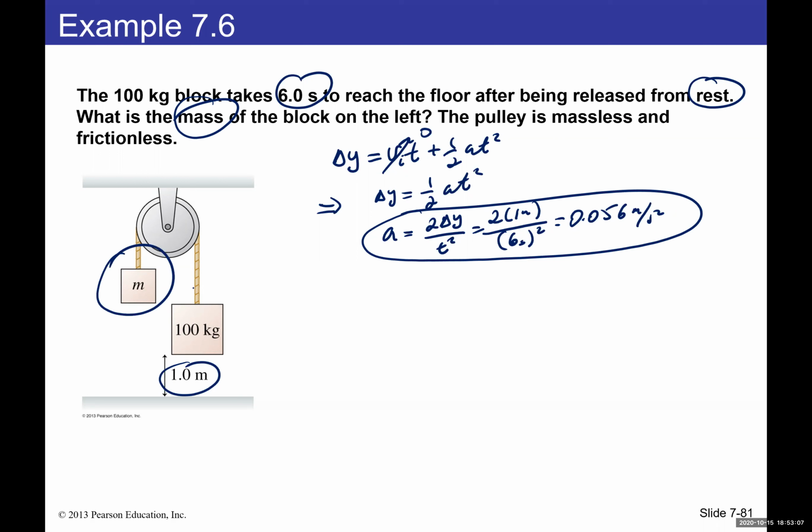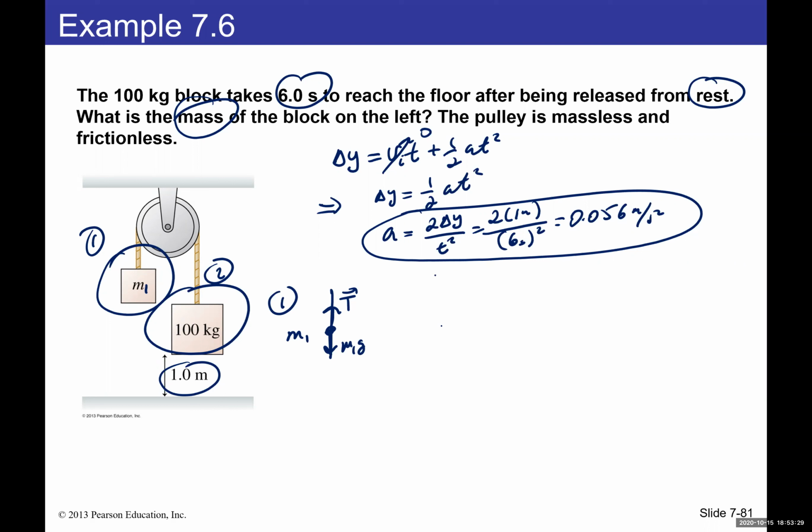So what we do here is separate those two into 2 systems again. Here's my system 1, here's my system 2. System 1 has mass M1, with tension up and M1G down.